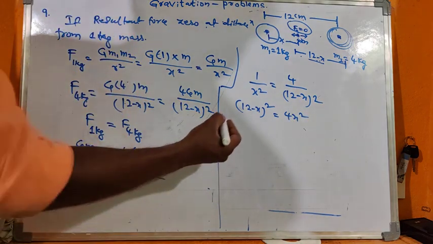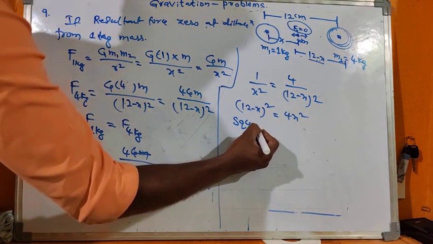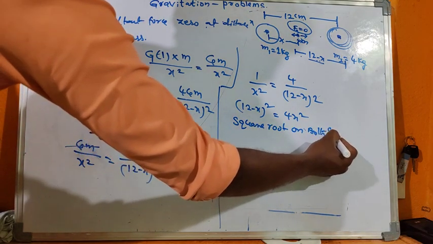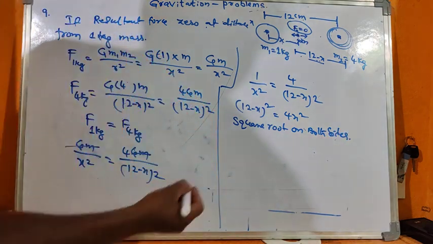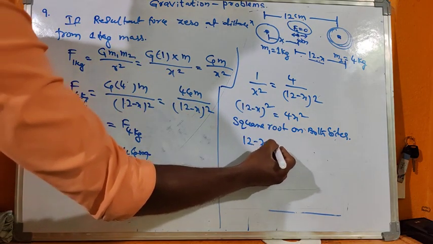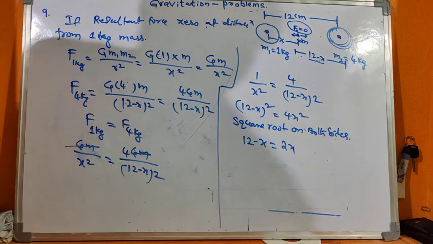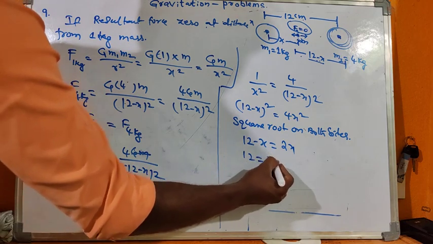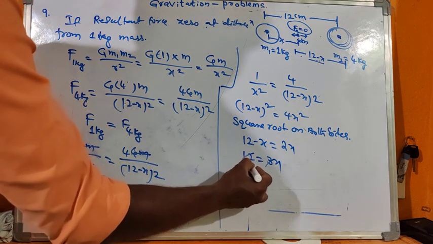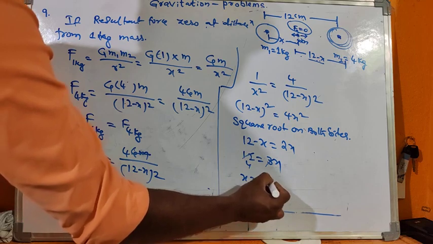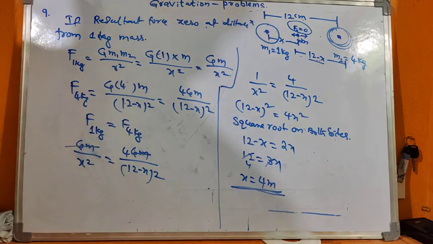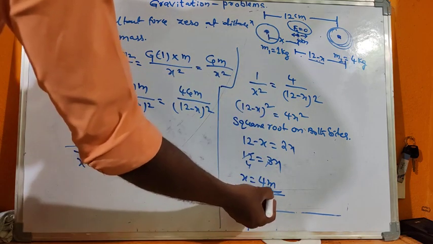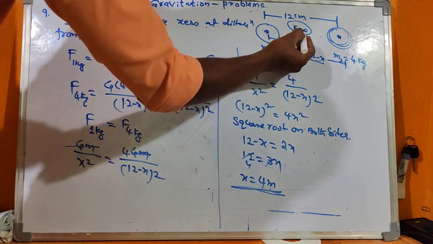Taking the square root on both sides, 12 minus x is equal to 2x. Then 12 is equal to 3x, so x is equal to 4. At 4 from the 1 kg mass, the resultant force will be 0.